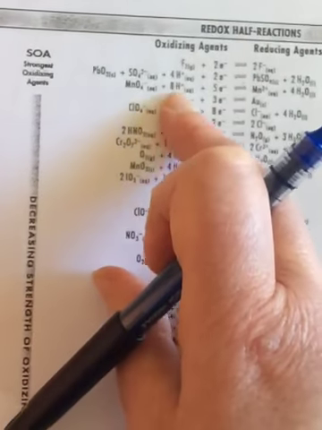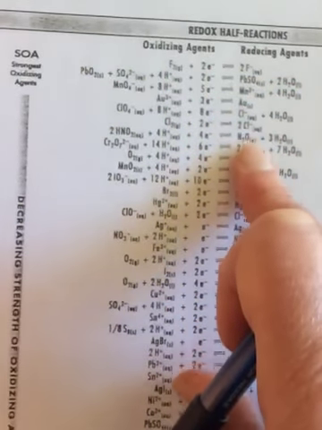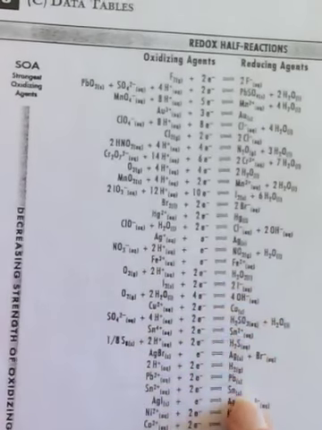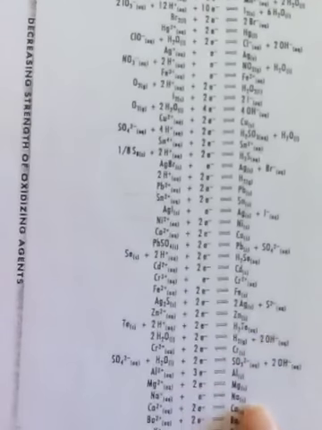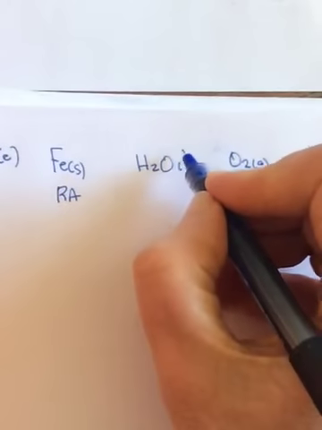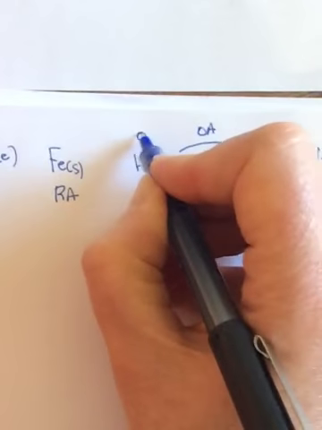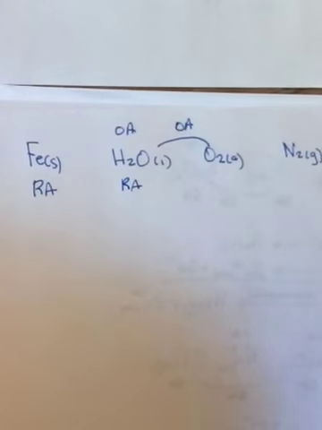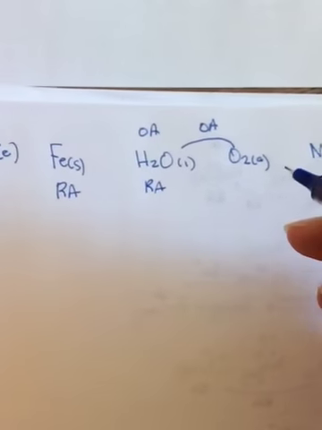It's the first time we've used O, so it's nowhere else on this side, and it's nowhere on this side. So the only spot for oxygen is when it's linked with water, and that's an OA. This is both an OA and an RA. Oh, and I should have pointed out there's no nitrogen anywhere on the table, so you can put it in if you want, but it doesn't matter.